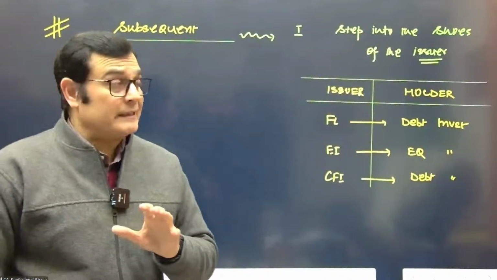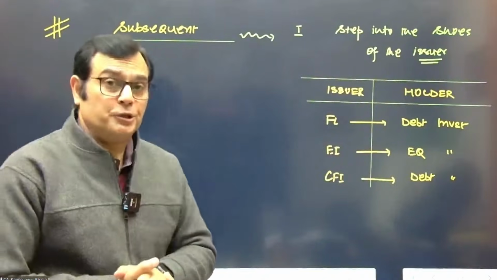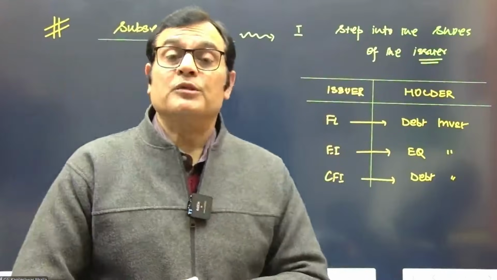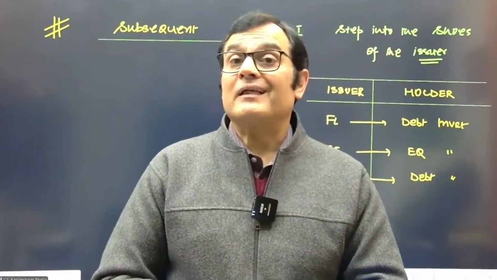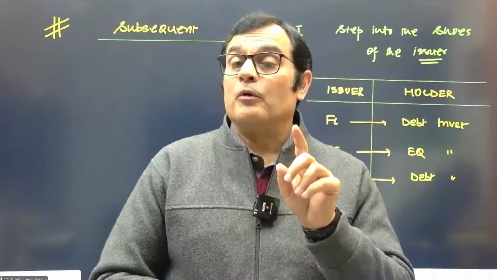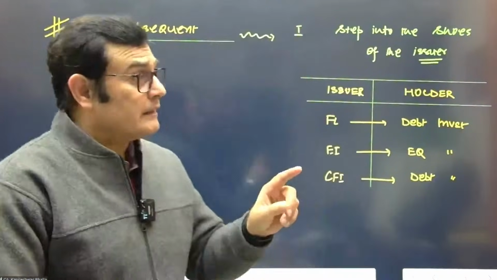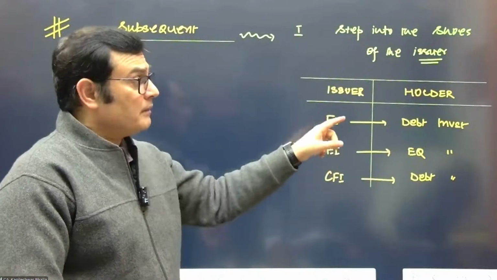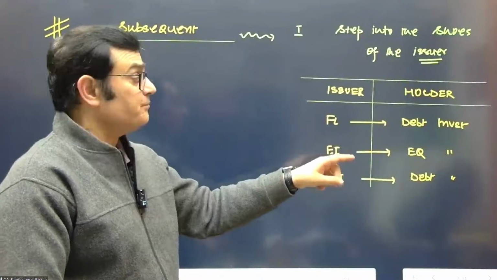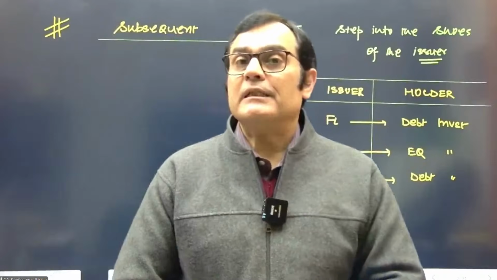So your focus in step number one is to step into the shoes of the issuer. As a holder, you would see how you would have classified this instrument from the point of view of IAS 32 if you had issued it. You would decide that if the issuer says FL or CFI, it becomes a debt investment for the holder. If it says it is an equity instrument, then it becomes an equity investment.